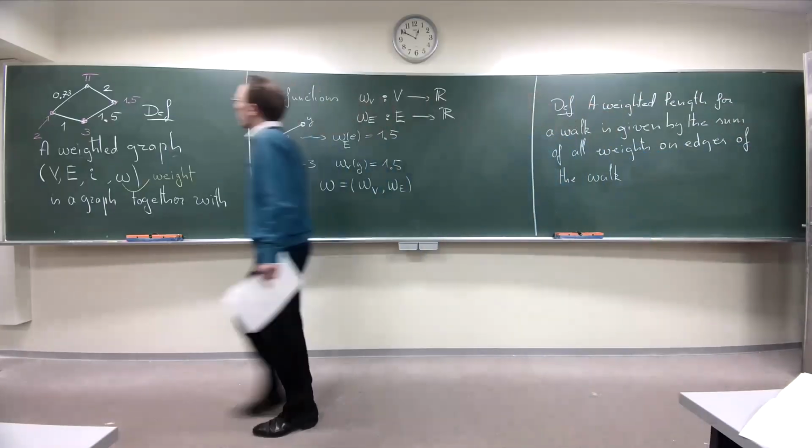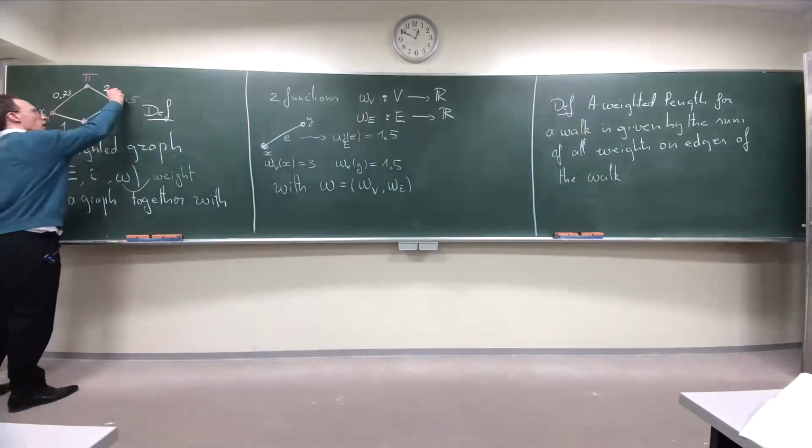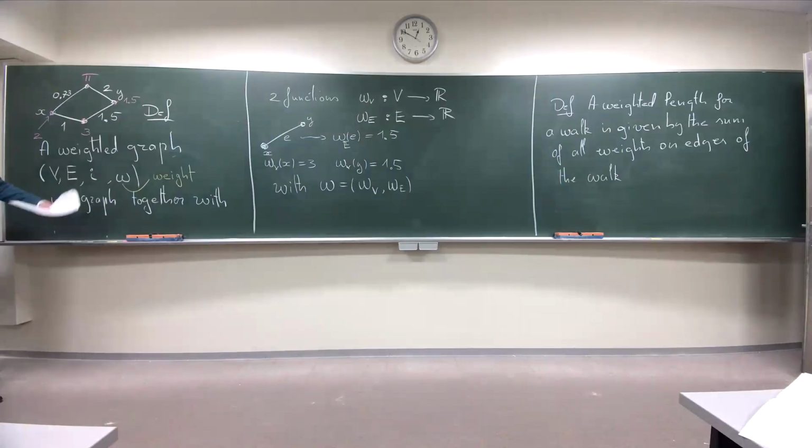Which means that if you go from this X to this Y through this path you have a weighted length of 2.5, while if you go through this path, you have 273. And in the application, it might be interesting to find the smallest weighted path.